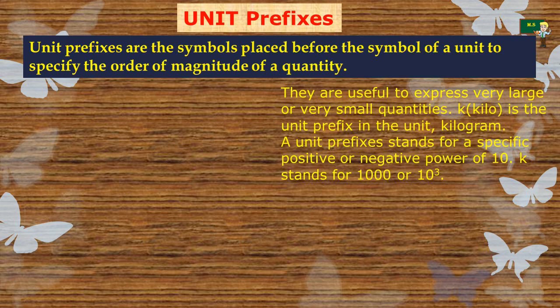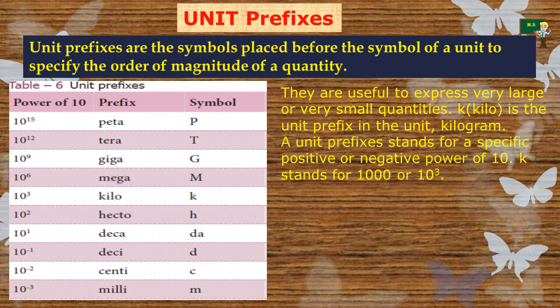Let me show some unit prefixes. See here, each and every one has a power of 10. That means 10 to the power 15, 12, 9, 6, 3, 2, 1, -1, -2 and -3. That means in decreasing values. Let's start with peta.